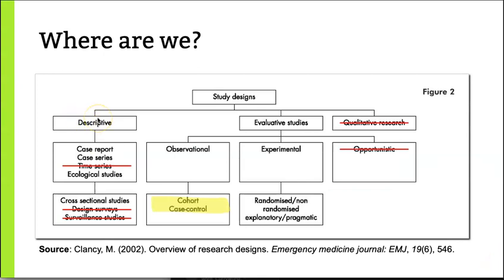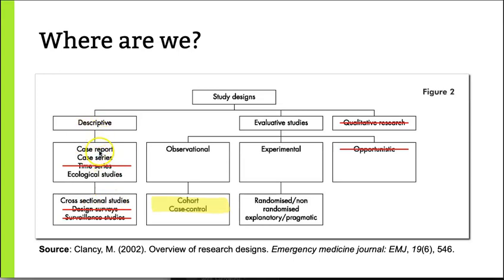So just to get you reoriented on where we are. The last series of lessons we did, all the way back in week 3, was the overview of study designs, where we actually talked about all of these, except the ones that are crossed out in red. The only lesson that I did on the descriptive studies, the case reports, case series, ecological studies, and cross-sectional studies was just that intro lesson where we went over all the different study designs.